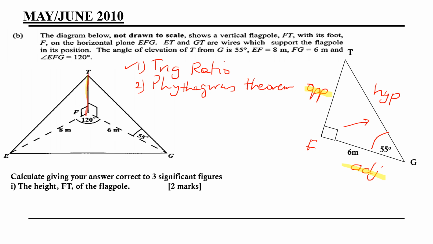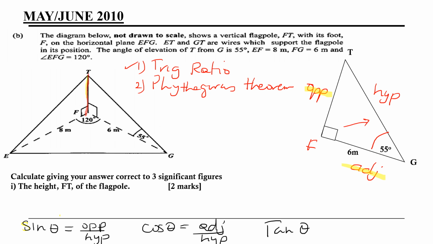Let me write them down here quickly. Sine theta is opposite over hypotenuse, cos theta is adjacent over the hypotenuse, and tan theta is opposite over adjacent. And that comes from this rule here. I'm going to write it up here.